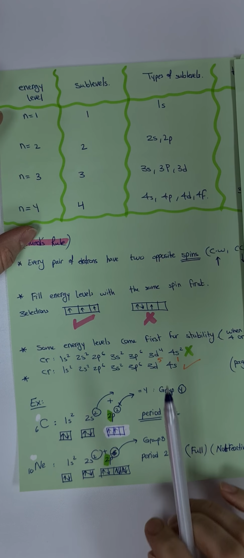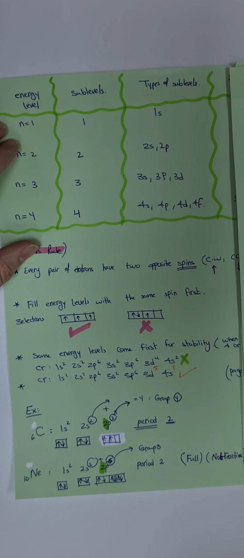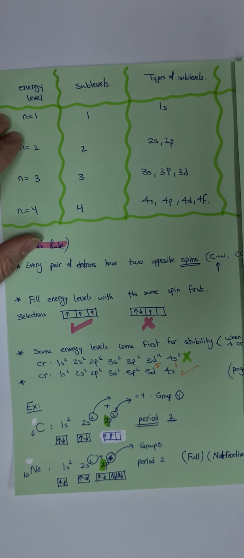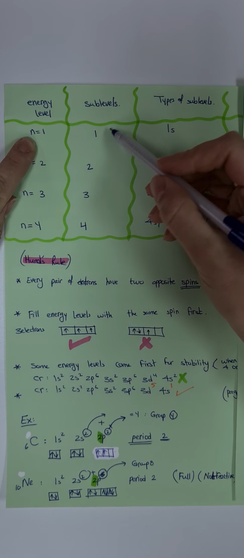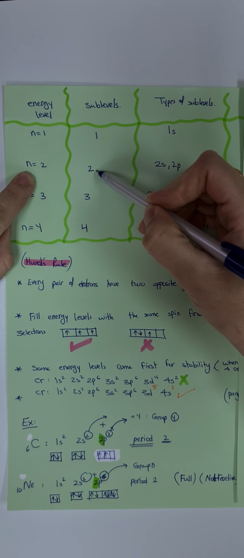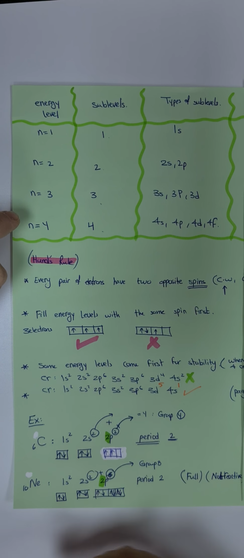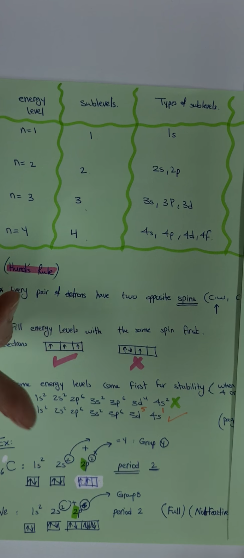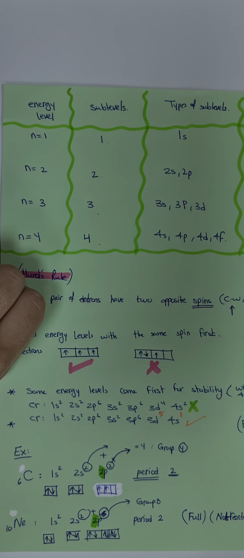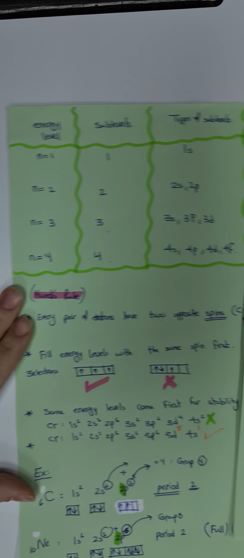Each one of them has sublevels. When the level is 1, the one close to the nucleus, the sublevel is only 1. When it's 2, we have 2, then 3, 3, 4, 4, and so on. The maximum number of sublevels is 4 only. Now, what are these sublevels? What types of sublevels do we have?